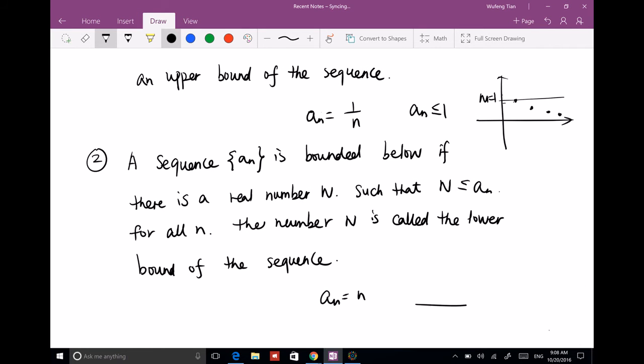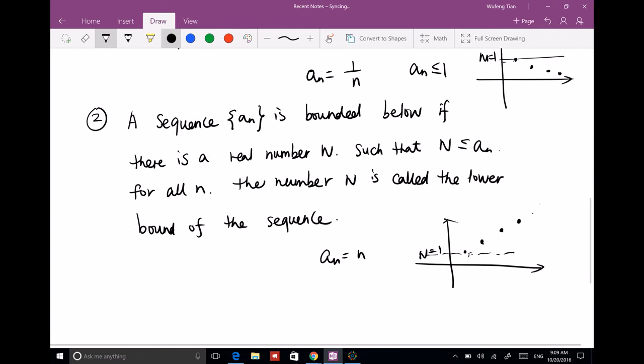You have A1 equals 1, A2 equals 2, A3 equals 3, A4 equals 4, and it continues, always increasing. But this one has a lower bound. All of the other terms are bigger than or equal to 1. So you can see the lower bound is 1. This is a lower bound of the sequence.